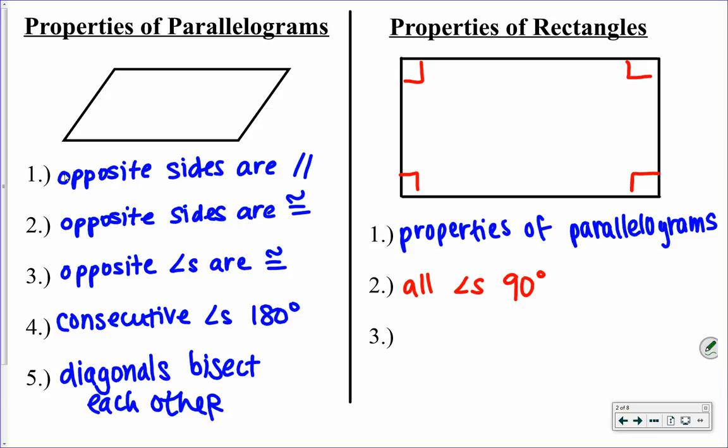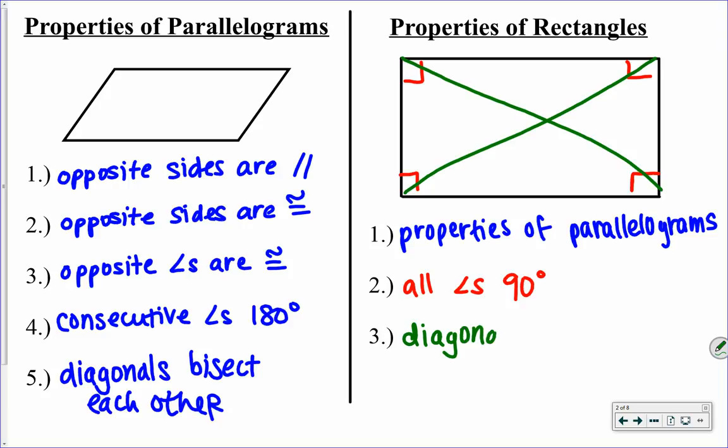And the other one that's special about rectangles is that the diagonals are congruent to each other. Which in parallelograms, that's not true. But in rectangles, it has the properties of a parallelogram, but also those 2 diagonals are congruent to each other, and all angles are 90 degrees.